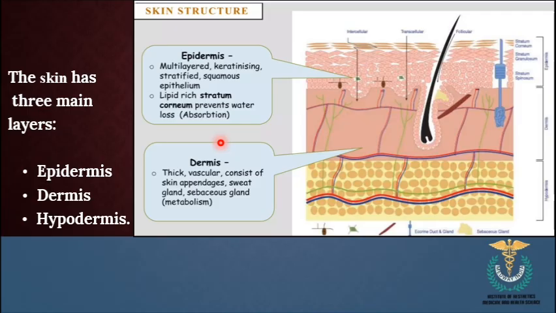Then we have the hypodermis, the innermost layer, and it is composed of subcutaneous tissue, fat cells, and connective tissue. The epidermis is usually divided into multiple layers, which include the stratum corneum, the outermost layer of the epidermis, composed of dead skin cells. Then we have the stratum lucidum, a thin, transparent layer found only in thick skin.